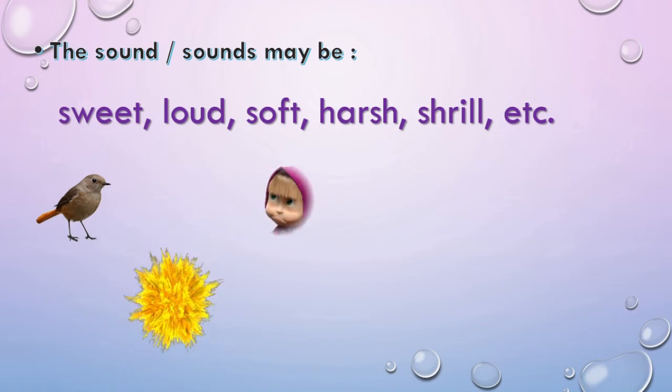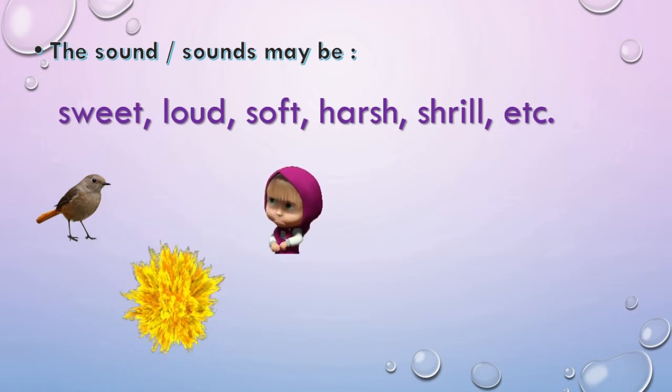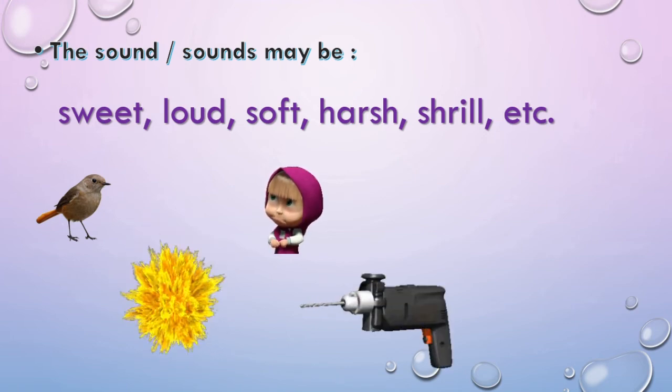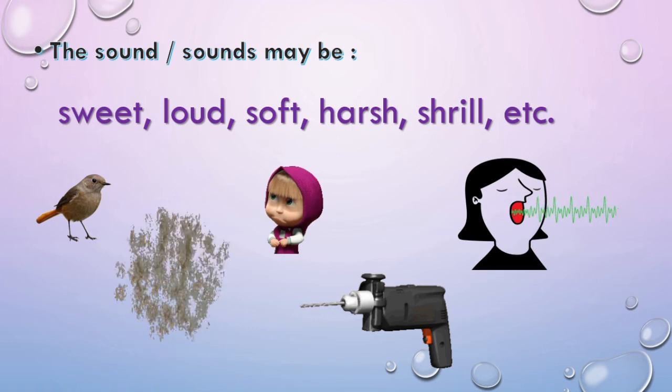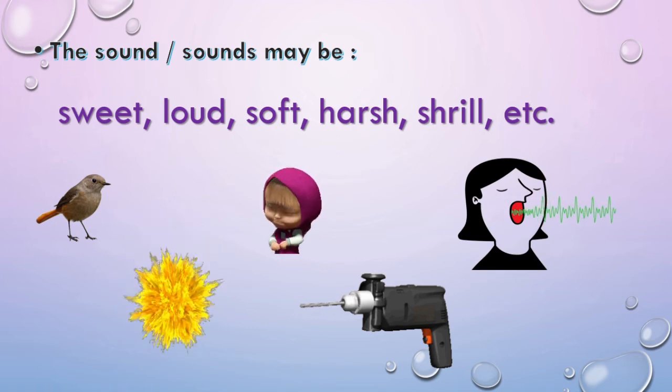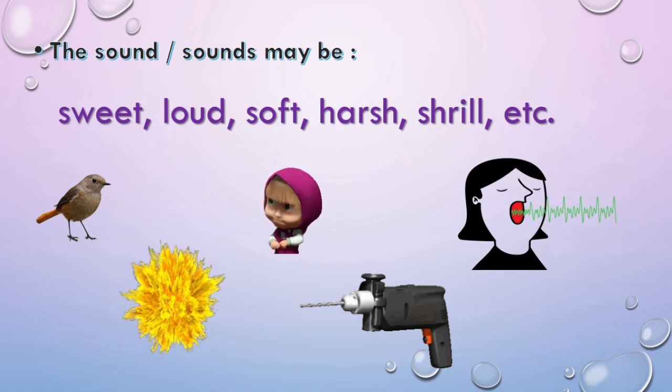This is soft, very soft. She is obeying the orders. Yes, miss. Yes, miss. Like this. And this is harsh, irritating sound. Drilling, isn't it? And this is shrill, means with high pitch or piercing. We can use words like this to explain the picture.